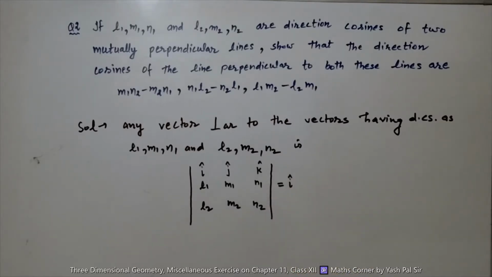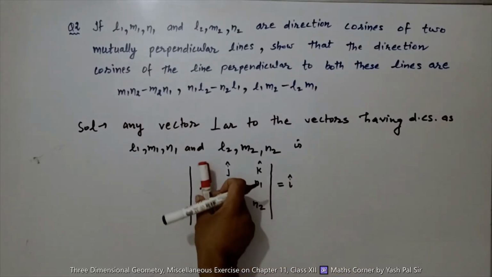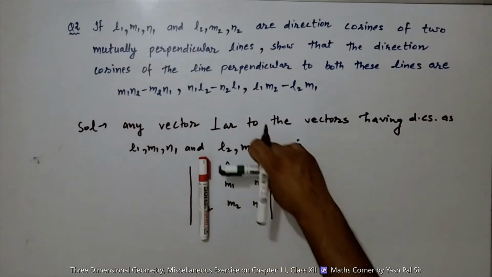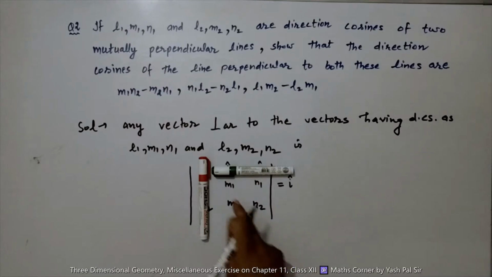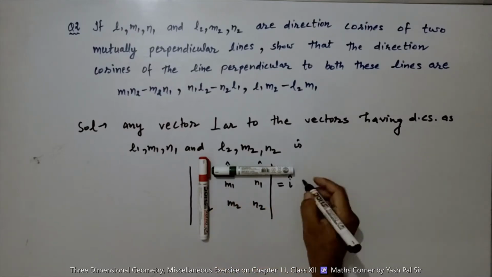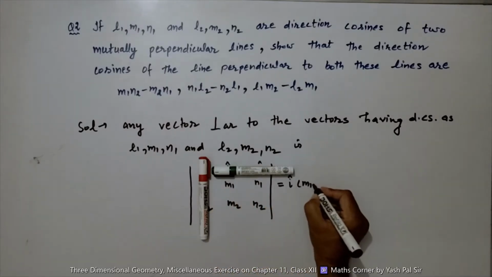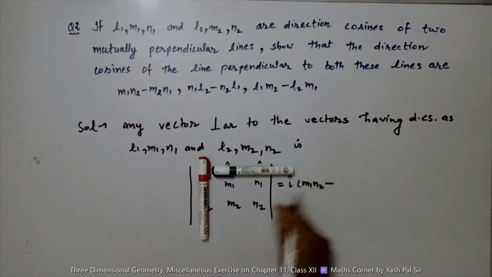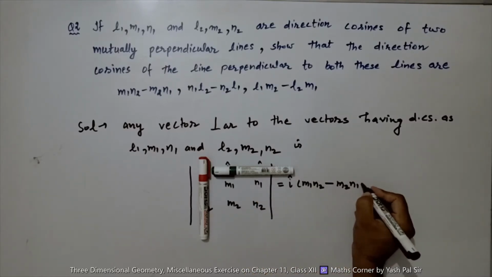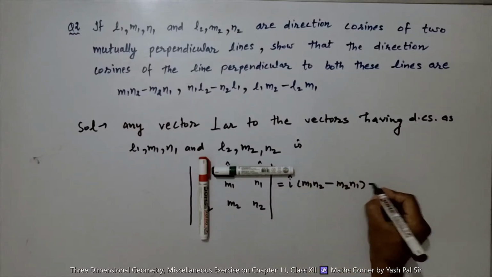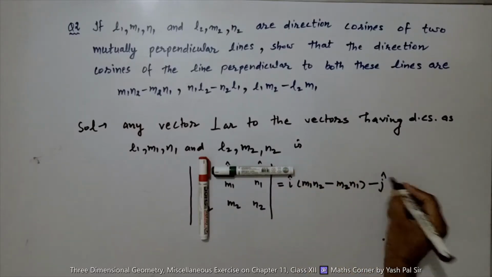I cap: here, corresponding to i, we eliminate the corresponding row and column. We are left with m1 into n2 minus m2 into n1. Next we have minus j cap.